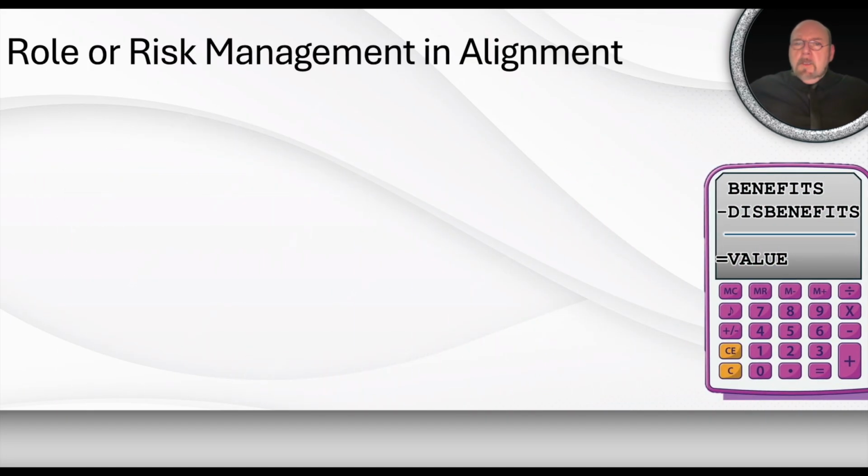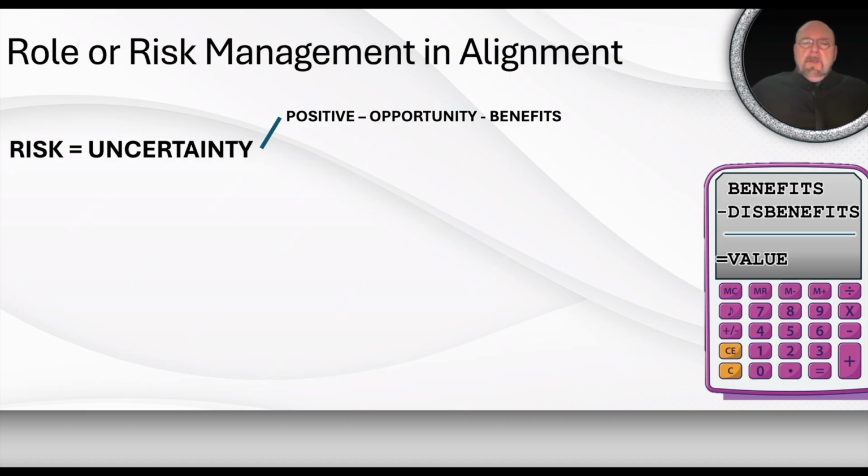So let's talk a little bit more about risk management. First of all, a risk is just another word for uncertainty. That's all it means. We're not really sure about what's going to happen. Of course, we're never sure. There's always risk involved in almost everything we do. Now, risk could be positive, which is an opportunity and provides us with benefits.